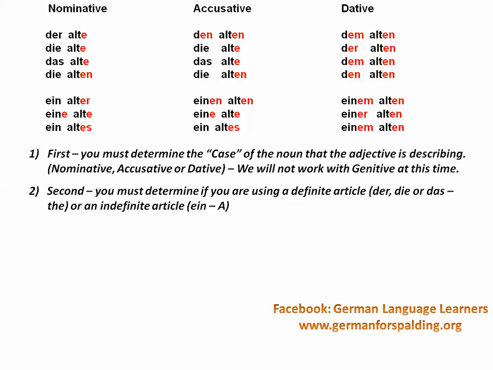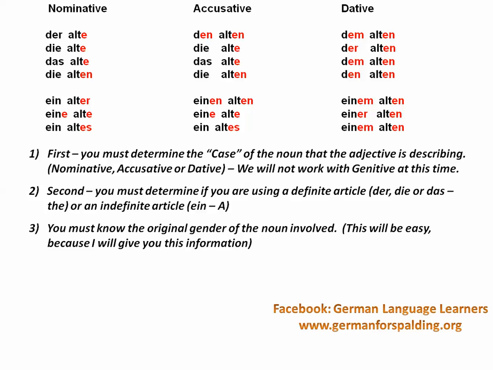This could be ein or any of the possessive pronouns. Also kein. And thirdly, you have to know the original gender of the noun that is involved. This is another reason why it's extremely important, when you learn German vocabulary, that you learn its gender, whether it's masculine, feminine, or neuter.